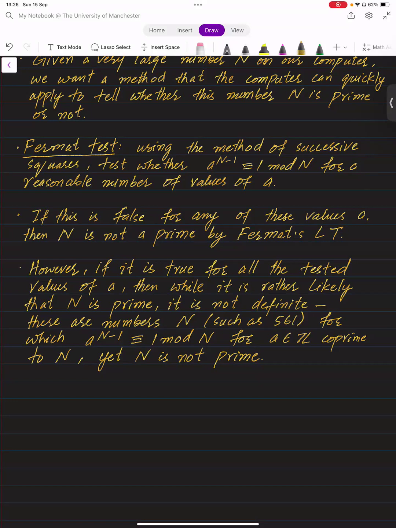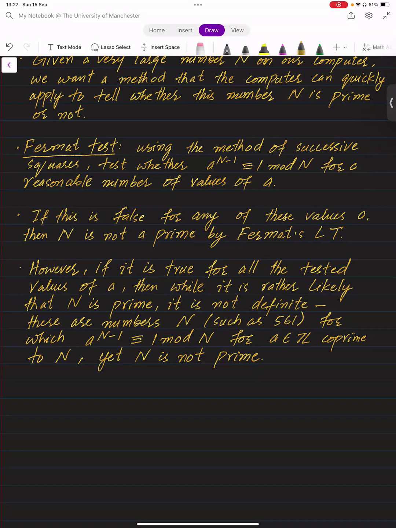However, if it is true for all the tested values of a, then while it is rather likely that n is prime, it is not definite. There are numbers n, such as 561, for which a^(n-1) is congruent to 1 mod n for all integers a coprime to n, yet n is not prime.